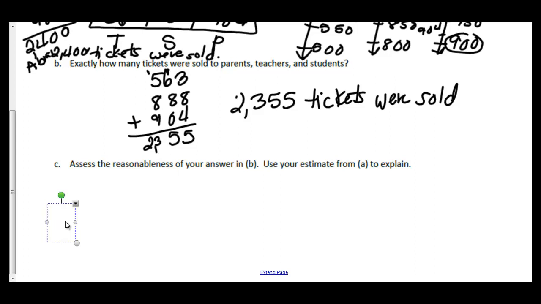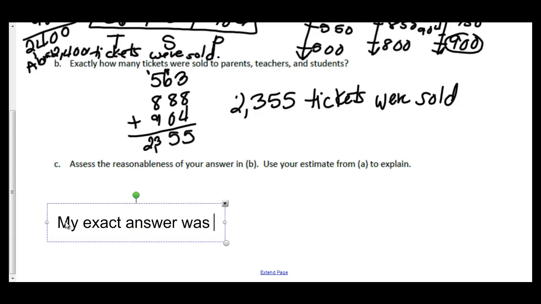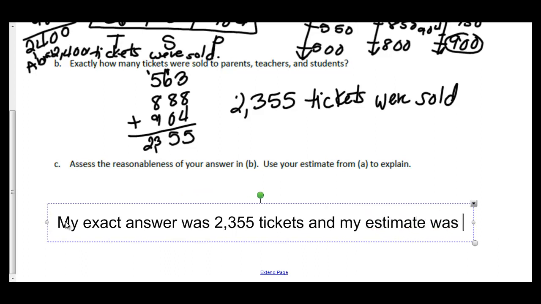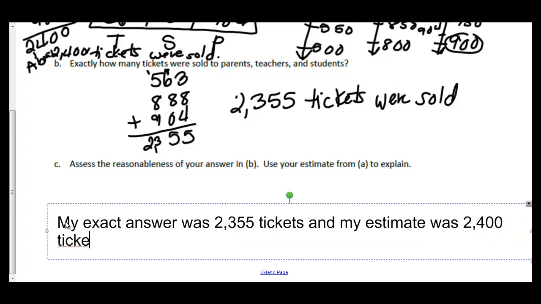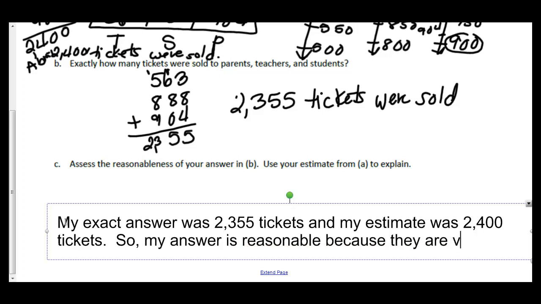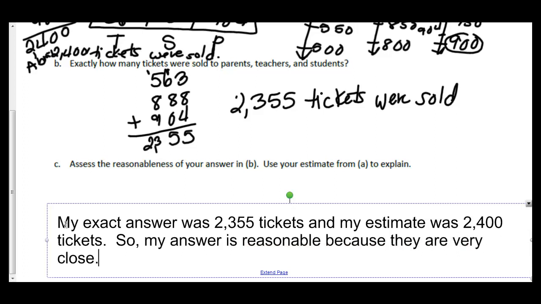So I'm going to say my exact answer is 2,355 and my estimate is 2,400. The answer is reasonable. They are close. Okay? So you're going to be doing some problems like this on your exit slip. Exact same strategy. Good luck.